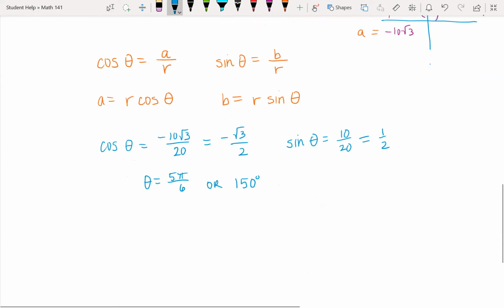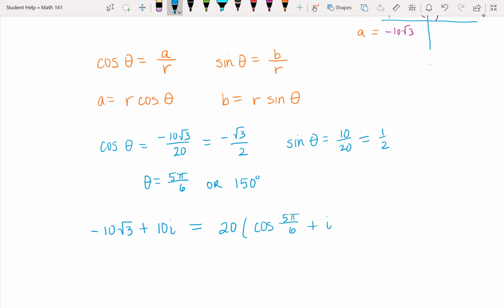So the original imaginary number that I had was this. And the trigonometric notation for this is r, which is 20, times cosine of 5 pi over 6 plus i times the sine of 5 pi over 6.